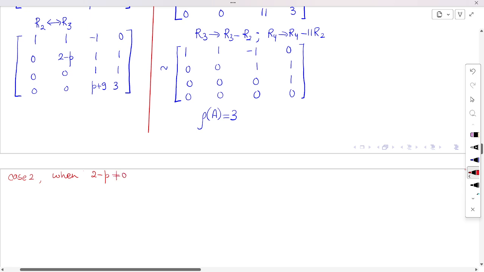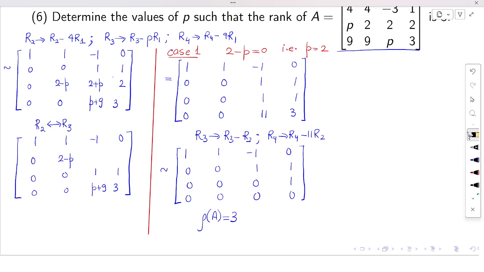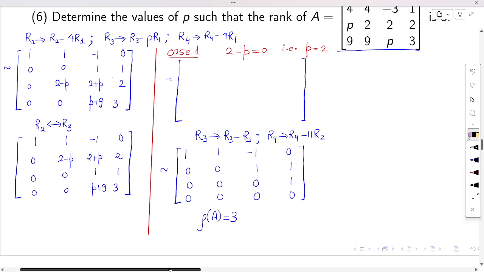So when 2 minus p is not equal to 0, divide row 2 by 2 minus p. Okay, we have made a mistake here. It was 2 minus p, 2 plus p and 2. So when we substituted p equal to 2, let us redo this problem from here.